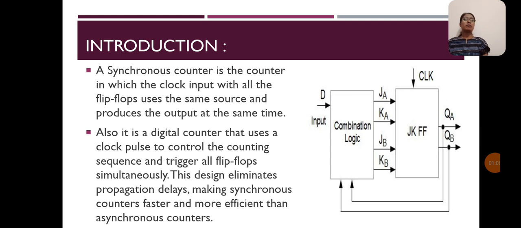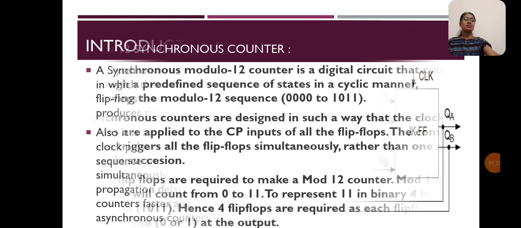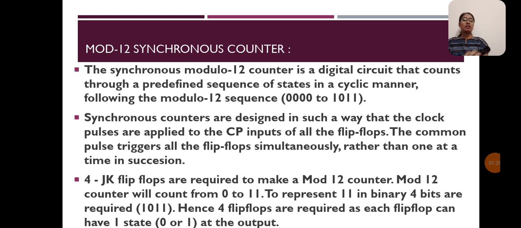This design eliminates propagation delays, making synchronous counters faster and more efficient than asynchronous counters. In the picture, we can see the circuit of a synchronous counter. This is using JK flip-flops, and next is the Mod 12 synchronous counter.